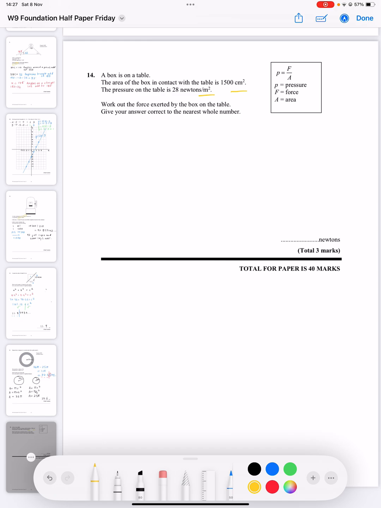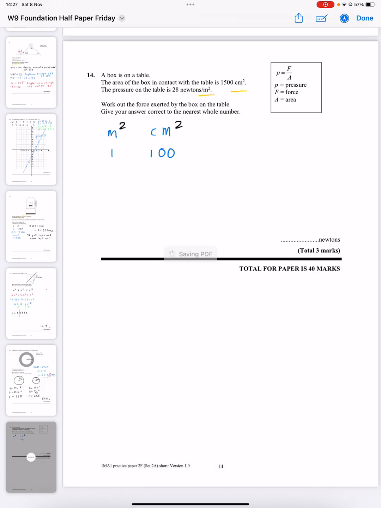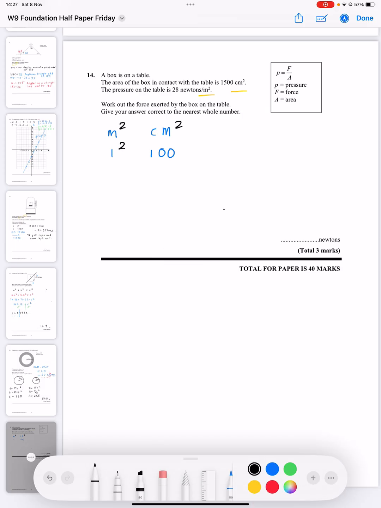So the first thing I need to recognise is we've got different units of area, so we're going to change them to the same one by writing down what we know about metres and centimetres. 1 metre is 100 centimetres. So because we're in an area, we're in 2 dimensions, so we're going to square those numbers to get the conversion of 1 to 10,000.